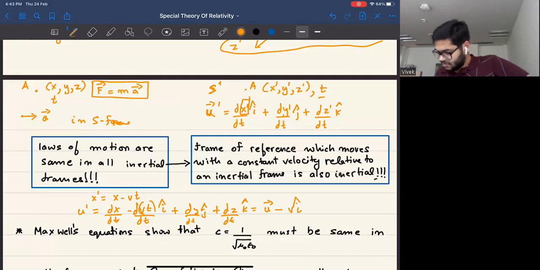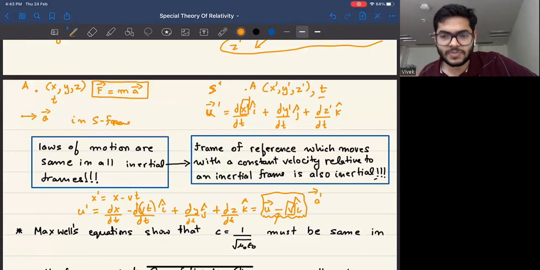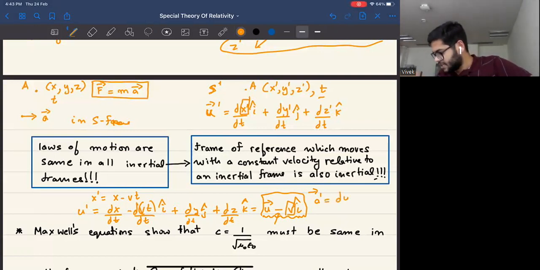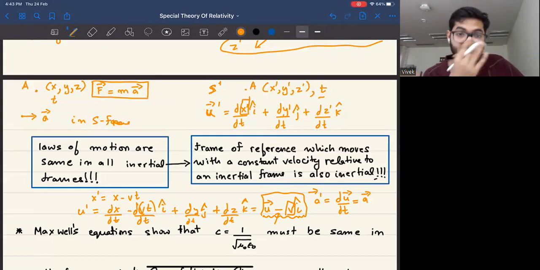Okay, and now it is very clear that if we want to obtain the acceleration a prime, we have to differentiate this quantity once again. And because v is constant, its derivative with respect to time will be 0, and hence a prime will be equal to du over dt, which is equal to a itself. So in other words, the acceleration of the particle remains the same in the frames S and S prime.